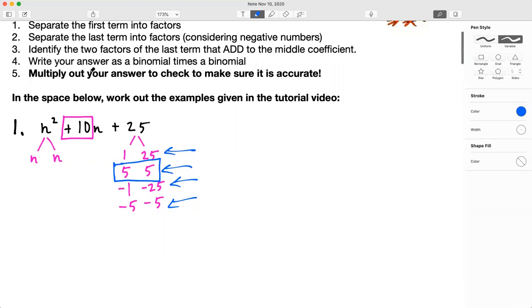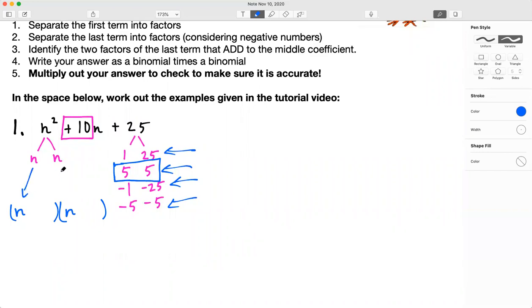Now you're going to write your answer as a binomial times a binomial. So this should look like this: a binomial times a binomial. And if you remember how to multiply a binomial times a binomial, you multiply the first 2 terms to get the squared term there. So you're going to have an n there and an n there.